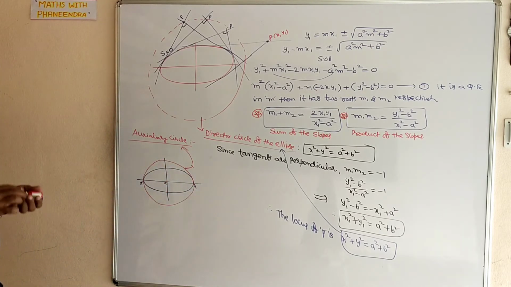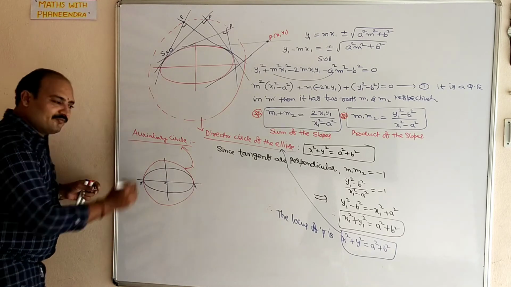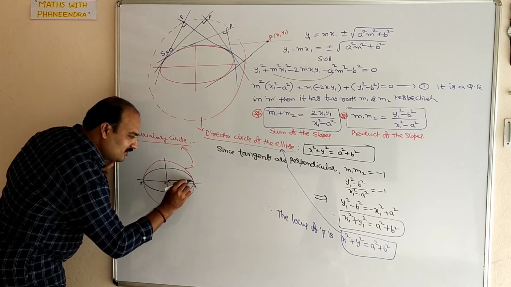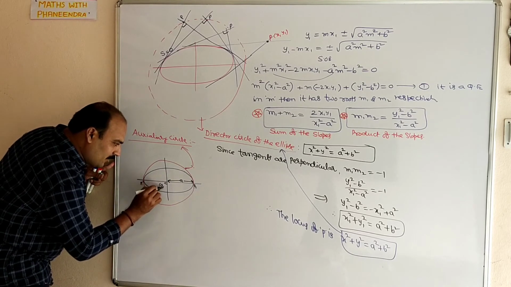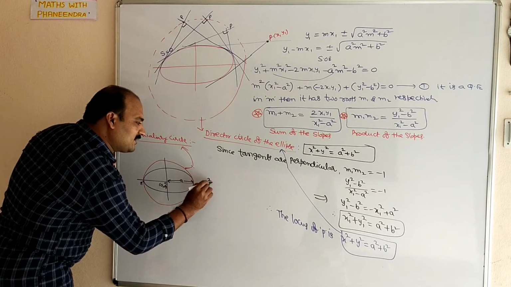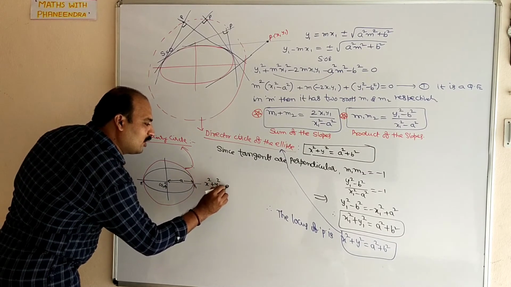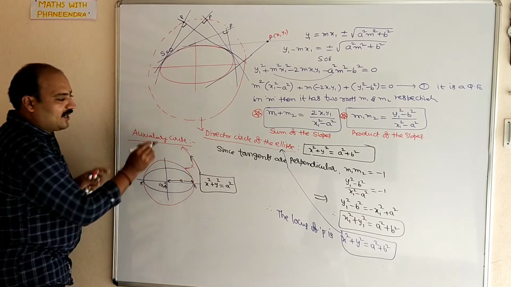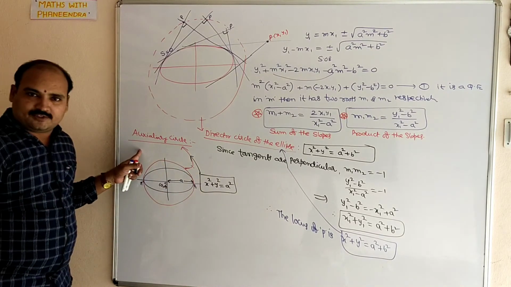How to find the equation of the auxiliary circle? From the center to A is A units only, from here to here. Center is 0, 0, radius is A. So the equation of the auxiliary circle is x square plus y square equal to a square. This is the equation of the auxiliary circle to the ellipse.